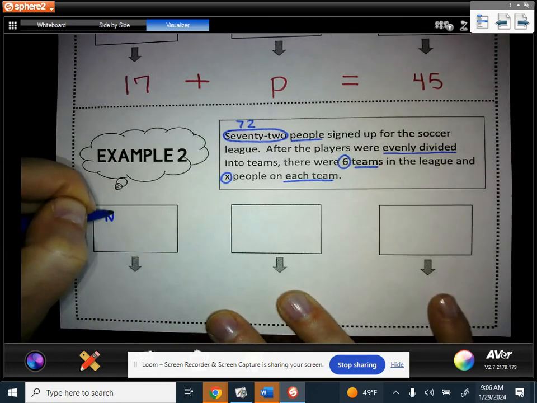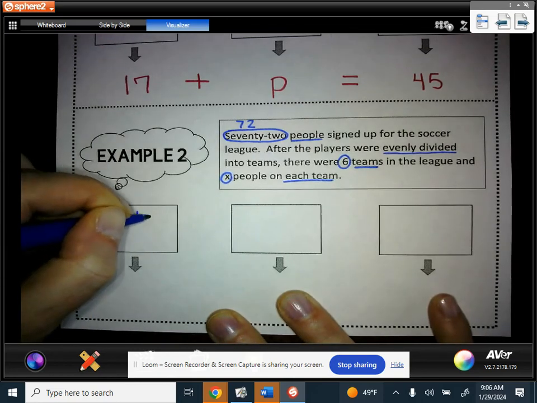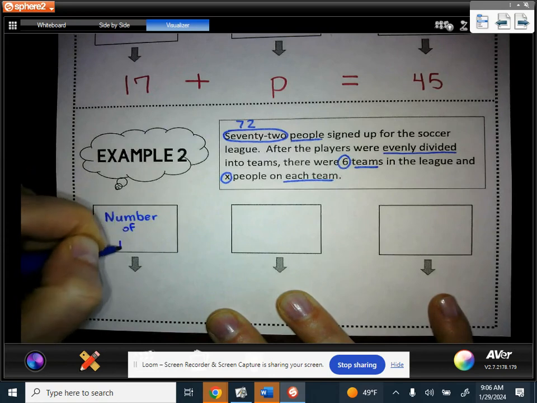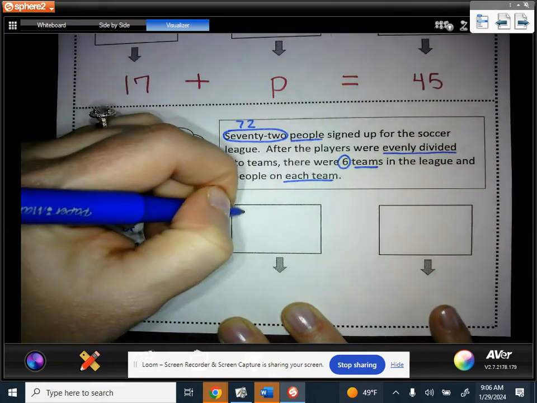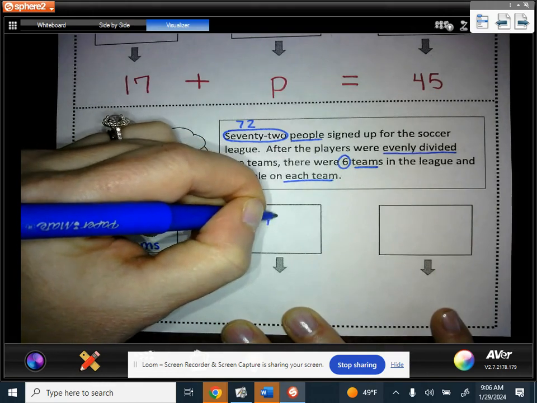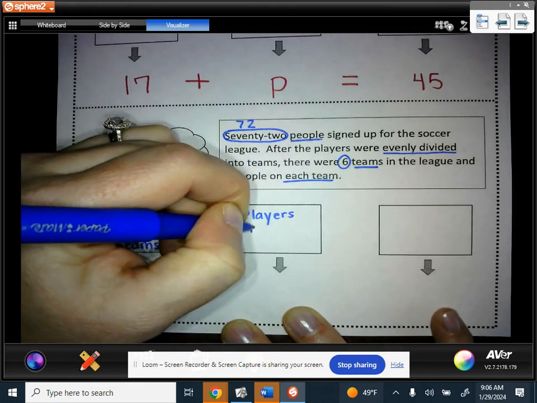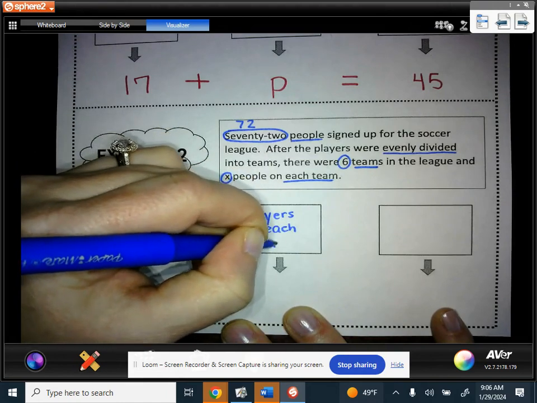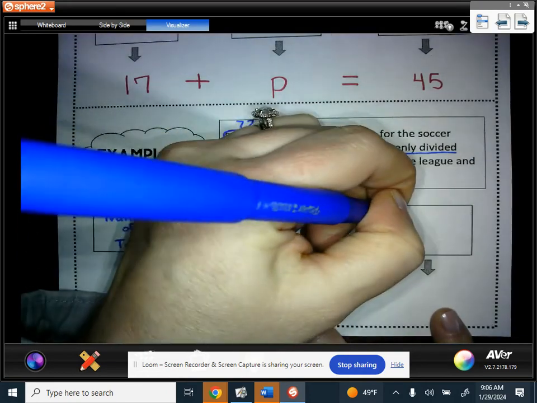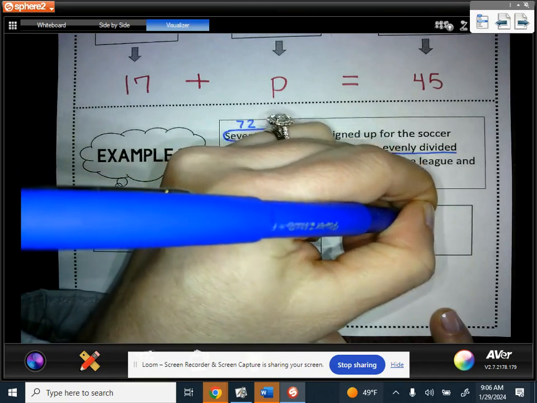Okay, so over here, let's look at our number of teams. Let's look at the number of players on each team. And then let's look at the total people in the league.